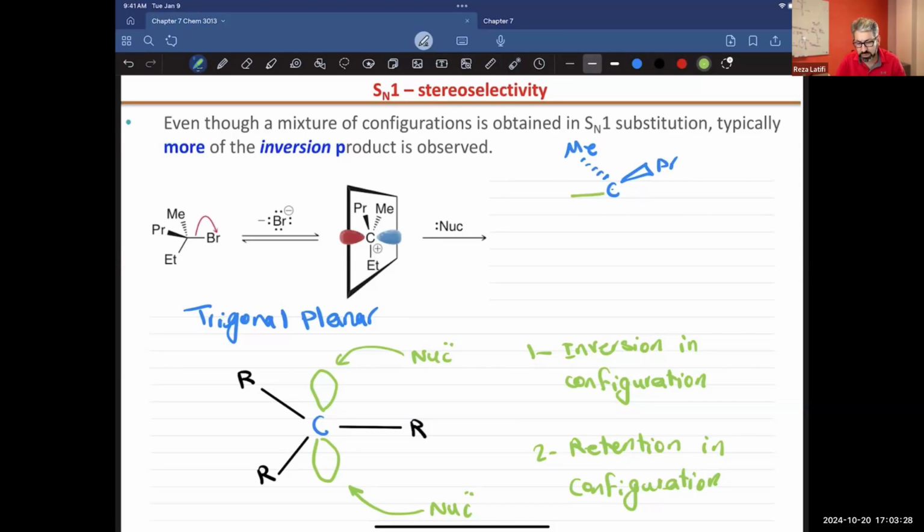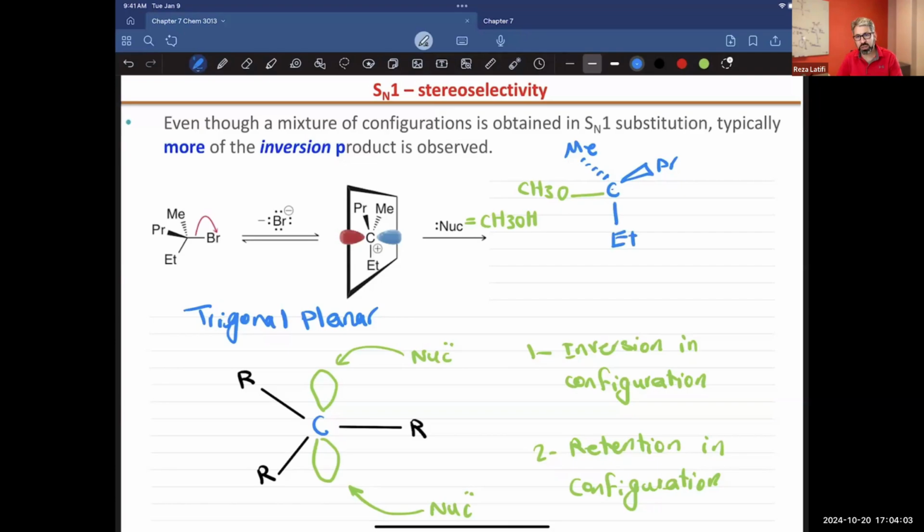Let's say our nucleophile, we're going to go with CH3OH, so we're going to have methoxide technically attached there. And we need to have the ethyl. I'm going to put the ethyl inside the plane, so the ethyl will be here.